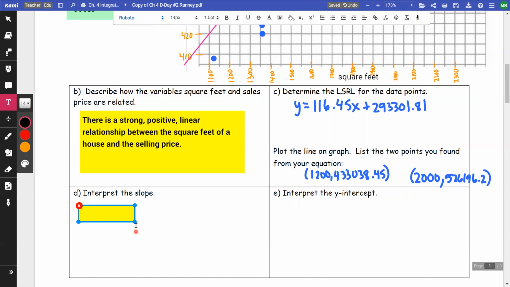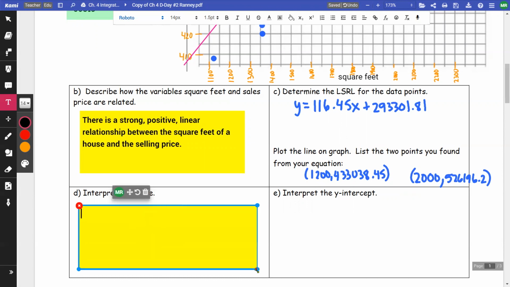Interpret the slope. For interpreting the slope, this right here is my slope, 116.45. That's the number I'm going to be using.